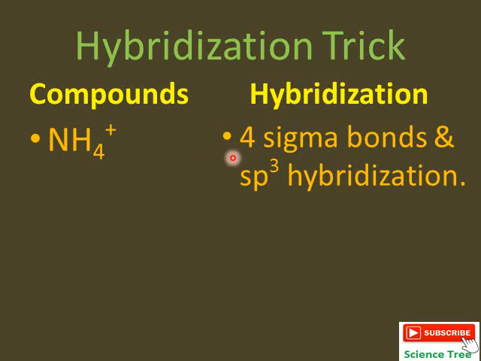So 4 sigma bonds means 4 hybrid orbitals, and 4 hybrid orbitals means sp3 hybridization. 1s and 3p join together to give 4 hybrid orbitals.